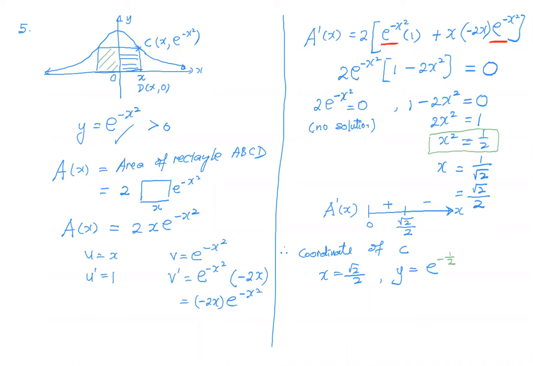So you save all the trouble. It doesn't mean that you always have to sub in x. You can sub in x squared, because the question is about x squared. So that means if you want to write it nicely, this will be 1 over square root of e. Okay, so therefore, coordinate for C will be root 2 over 2. Better still if you can write like that.